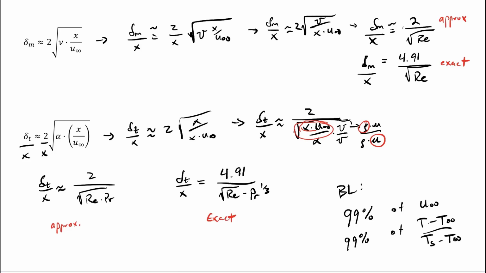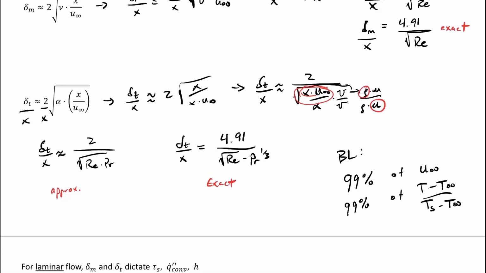So this relative temperature difference, 99% of that versus 99% of U infinity. The exact one is actually using a slightly higher definition of that 99%. And there are also some other physical mechanisms that cause it to grow more quickly. So we have this model. Any questions on this? This is probably a lot of stuff you've seen before.